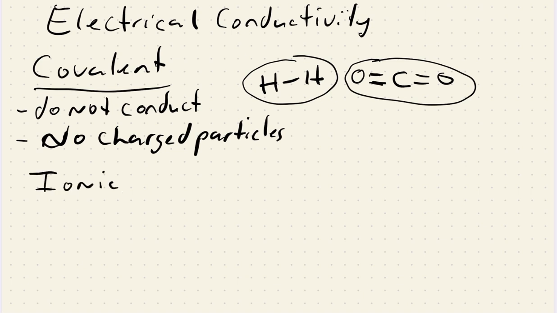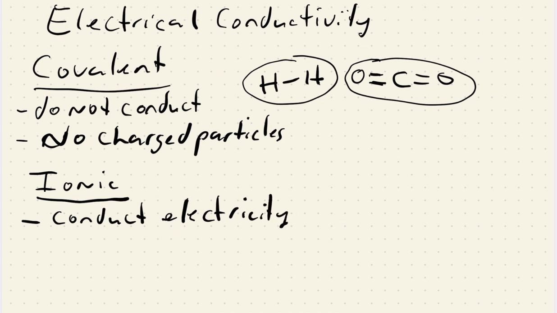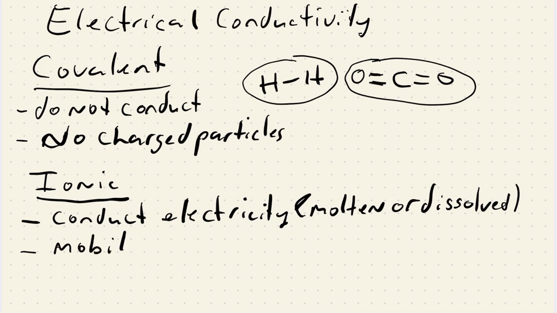Ionic now, they do conduct electricity. But there's a catch. They conduct electricity when molten, meaning when they're liquid, or dissolved in water. The reason for this is that when they're dissolved or molten, they have mobile ions free to move. Not electrons, mobile ions free to move.